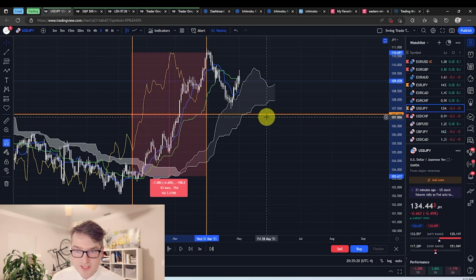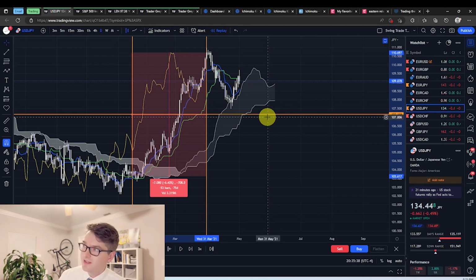And this is Senko span B, and this is actually showing us the middle price between those 2 points, which could also be a possible area of support for the price to bounce off of. And so this is just a real example of how the Senko span B is calculated.